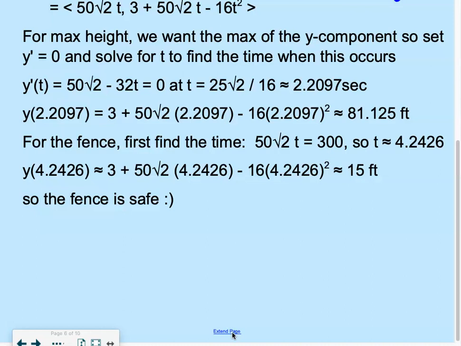Is that okay? You got a negative 600 for your y value?